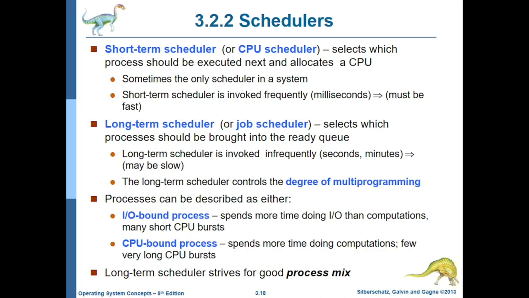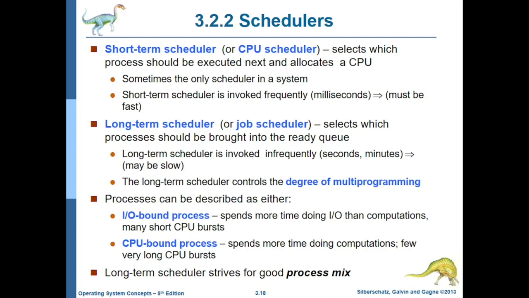The pool of available processes is a set of processes that are not yet in the system but are ready to be executed. The long-term scheduler is invoked infrequently, which is every few seconds or minutes, because it does not need to react to every change in the system. Therefore, the long-term scheduler can be slow and complex.